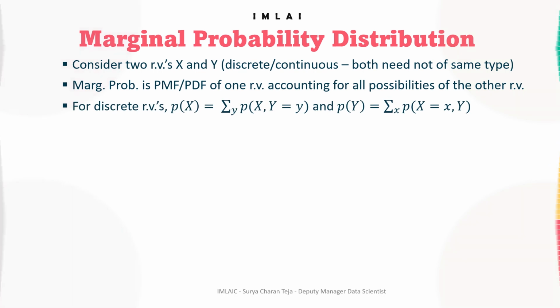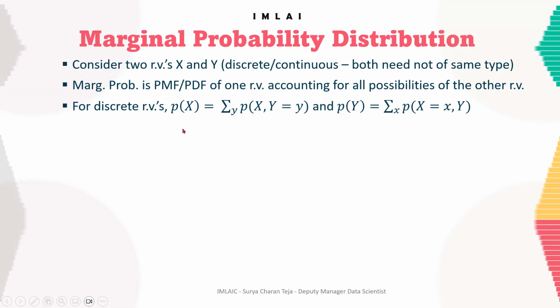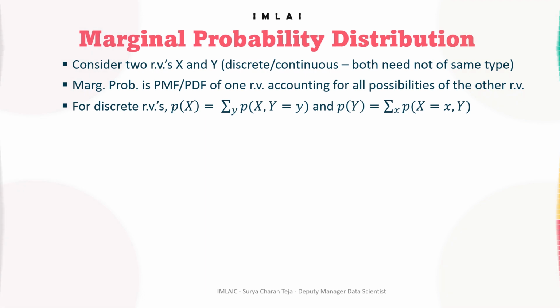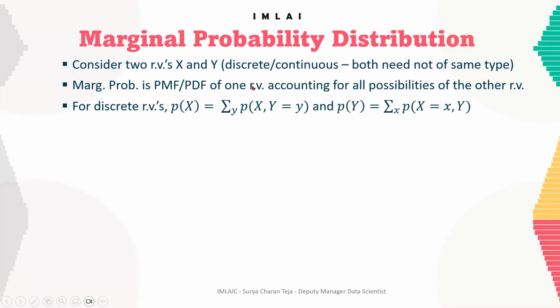For a discrete random variable, the marginal probability distribution of capital X is the probability distribution of capital X regardless of the values of capital Y. It is computed by summing the joint probabilities over all possible values of Y: sigma over Y of P of capital X comma capital Y equals y.